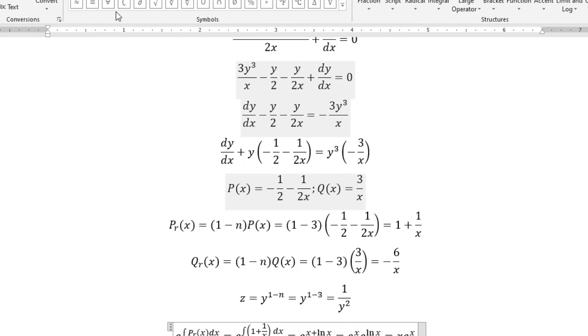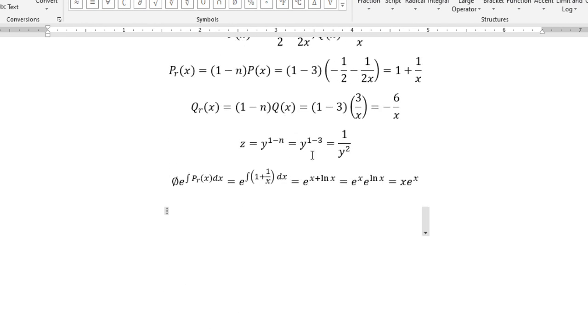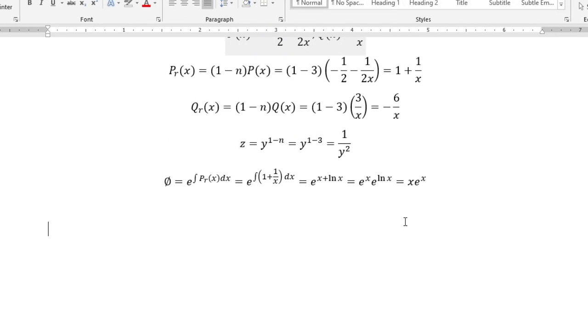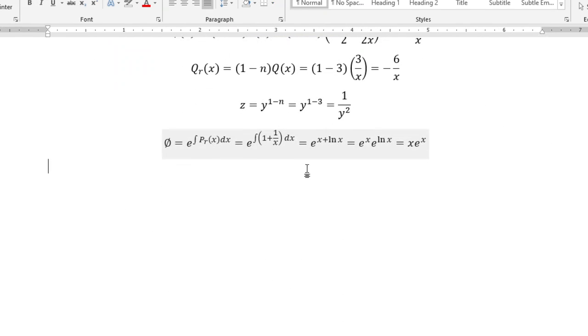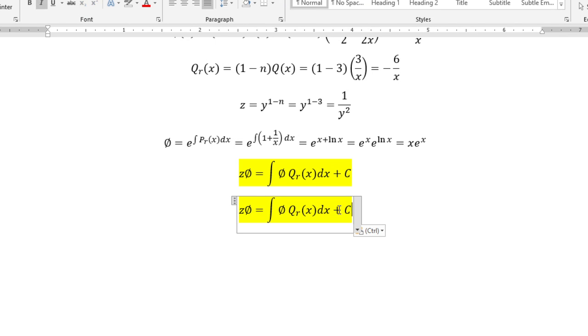Actually, ito si integrating factor. Okay. After that, kailangan natin i-substitute dito. Kailangan natin siyempre yung equation. So, compare lang natin siya.